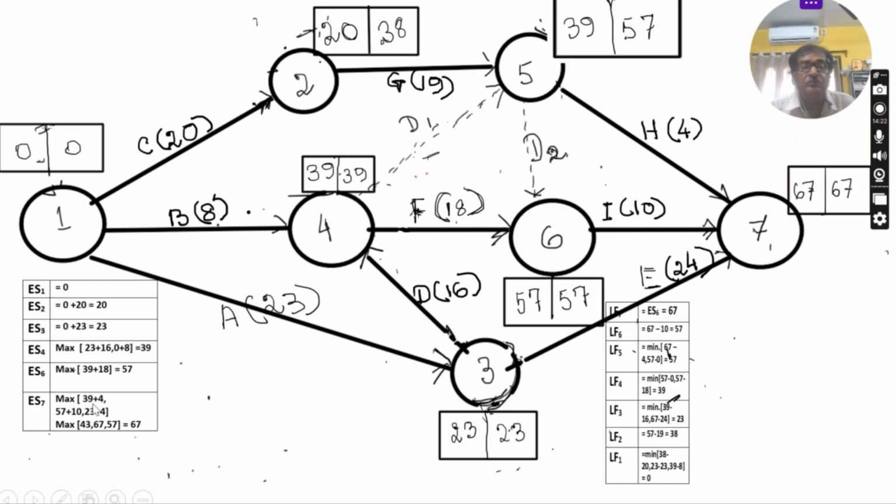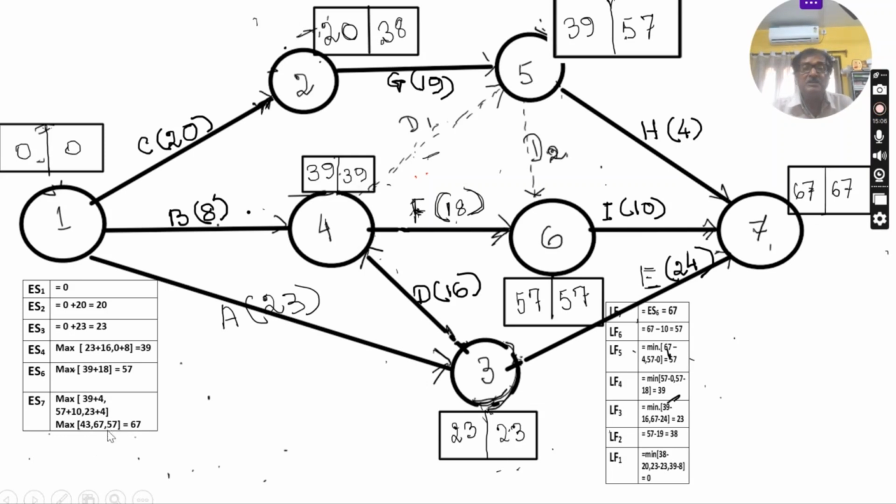If you take this one, earliest start time 57 plus 10, that is 67. And for 3, 7, the earliest start time is 23 plus the activity time 24, that means 47.